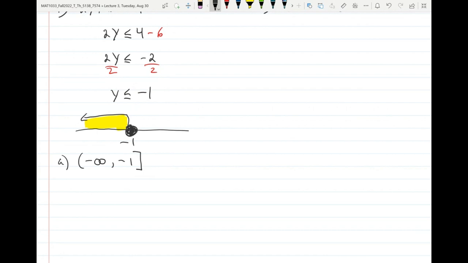Negative infinity. Where do we stop? At -1. That's what you write here. -1. Okay? And then the bracket because of the closed circle. All right, and then part B, it says to do it in set-builder notation, so you just repeat what we have in there. Well, this time it's y. So real numbers y, such that y is less than or equal to -1.